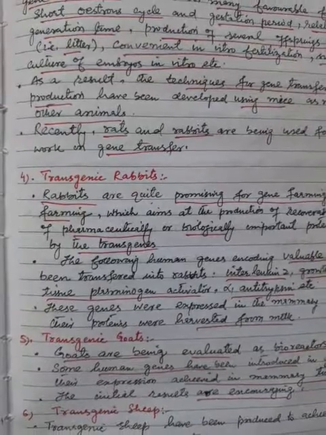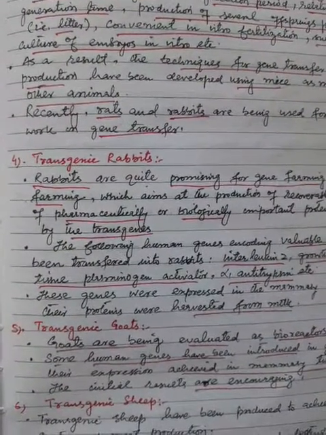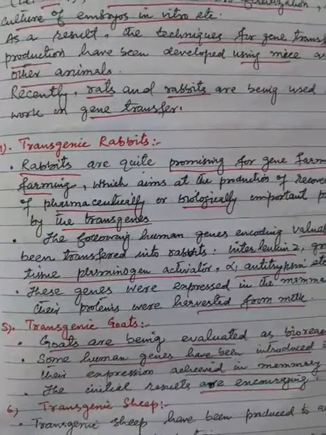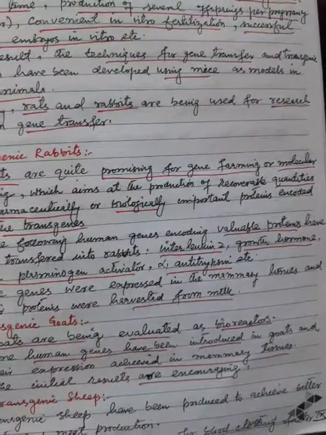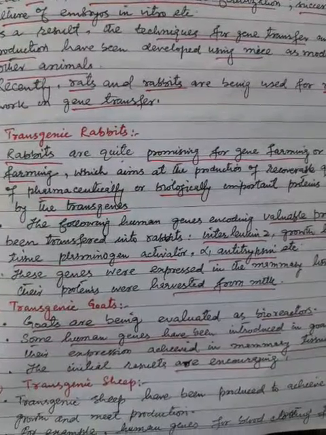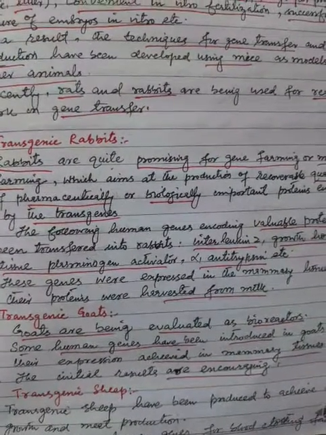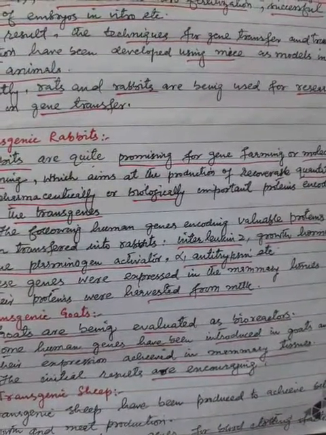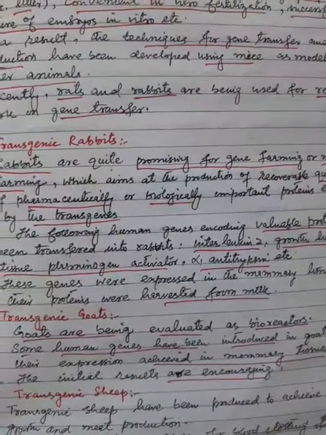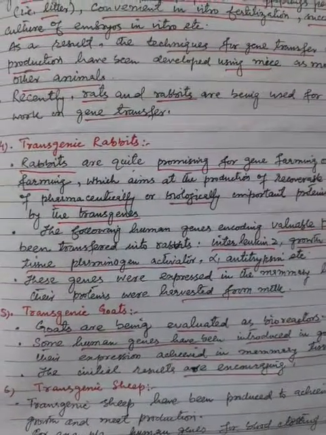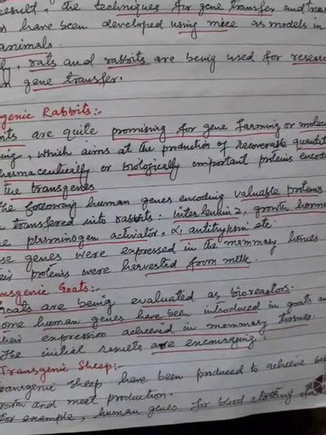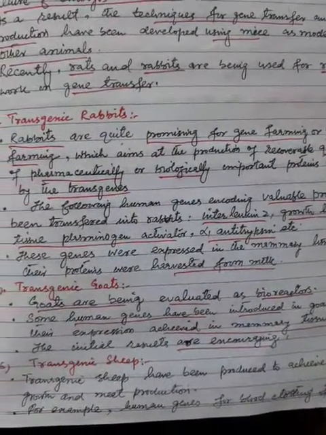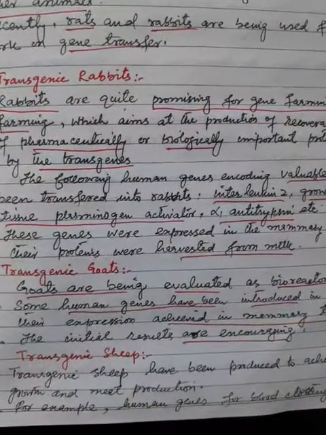Now, another example of transgenic animal, that is transgenic rabbits. Rabbits are quite promising for gene farming or molecular farming, which aims at the production of recoverable quantities of pharmaceutically or biologically important proteins encoded by the transgenes.